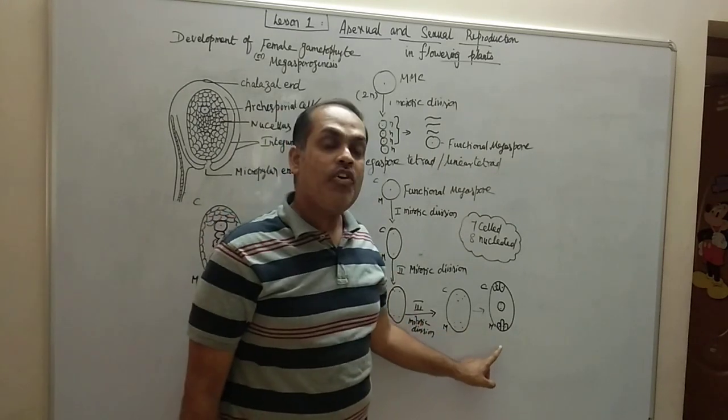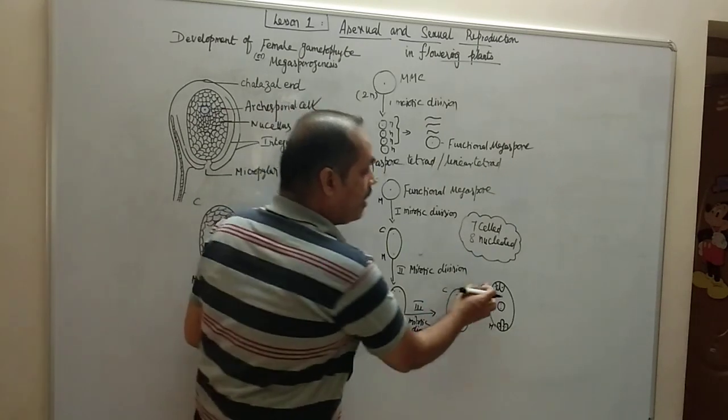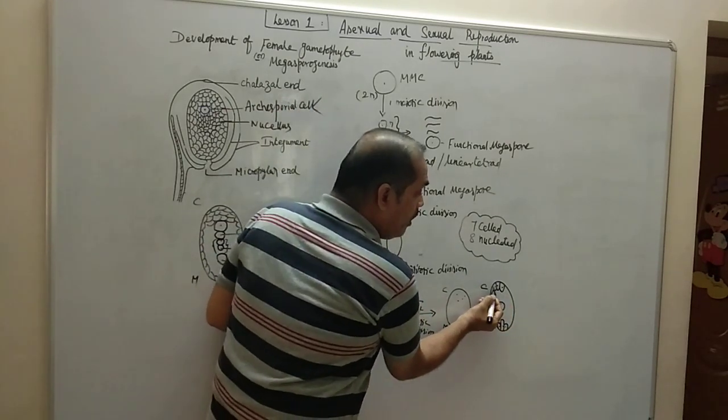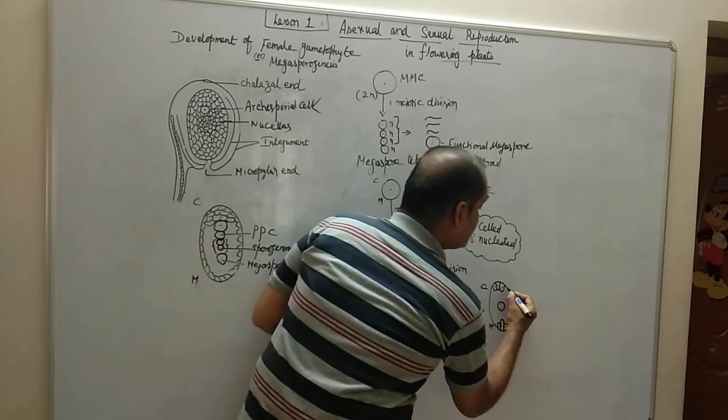This is the structure of the typical embryo sac which we are studying. Now let us mark the parts. The cells towards the chalazal end are called antipodal cells.